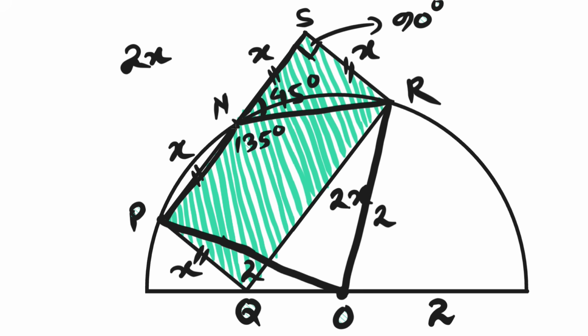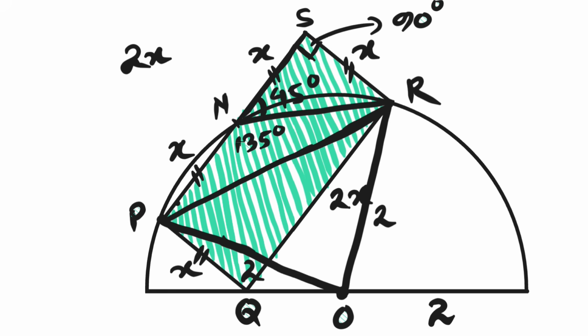Notice that P, N, and R are all points on the semicircle. Therefore, angle PNR is an inscribed angle of the circle, and it subtends chord PR. We can now bring in the central angle theorem. The central angle standing on the same chord is twice the inscribed angle.